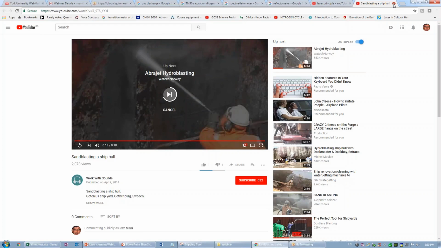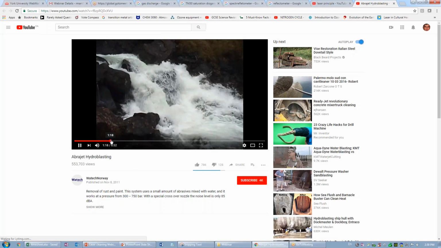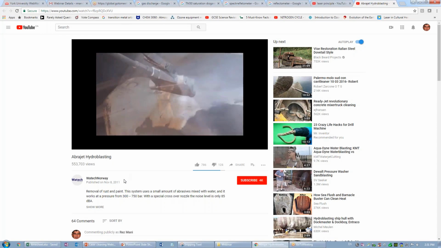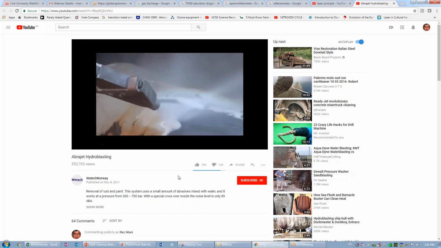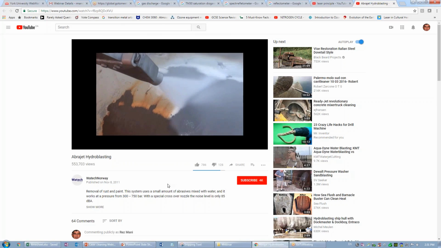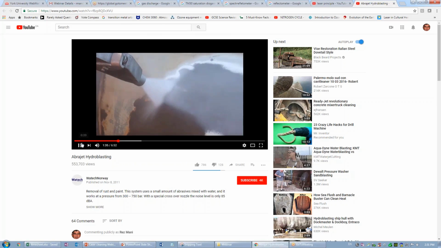Next one that we will look at is water jet blasting. This is water jet blasting. So all this contaminated water is spreading into the environment and has to be dealt with. This is a water jetting method.